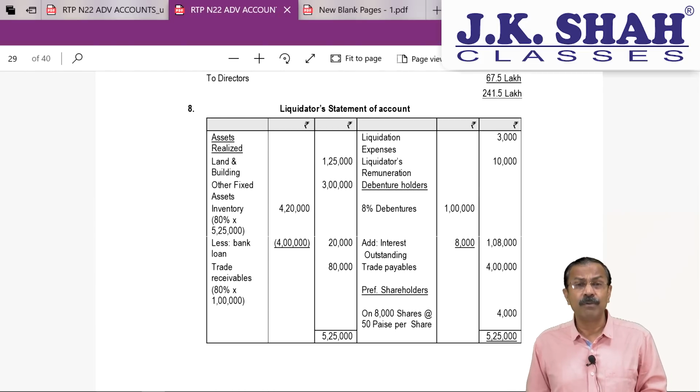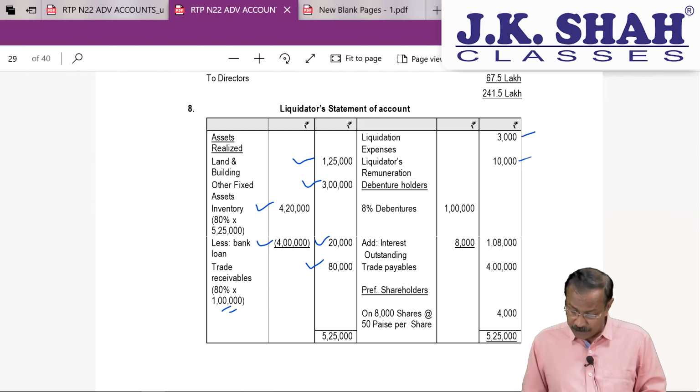Liquidator's statement of account. Land and building, full amount. Other fixed assets, full amount. Inventory 420 less bank loan, a surplus of 20,000. Trade receivables 80%. Liquidation expenses, liquidator's remuneration. Secured by floating charge, debentures and accrued interest, so 108.